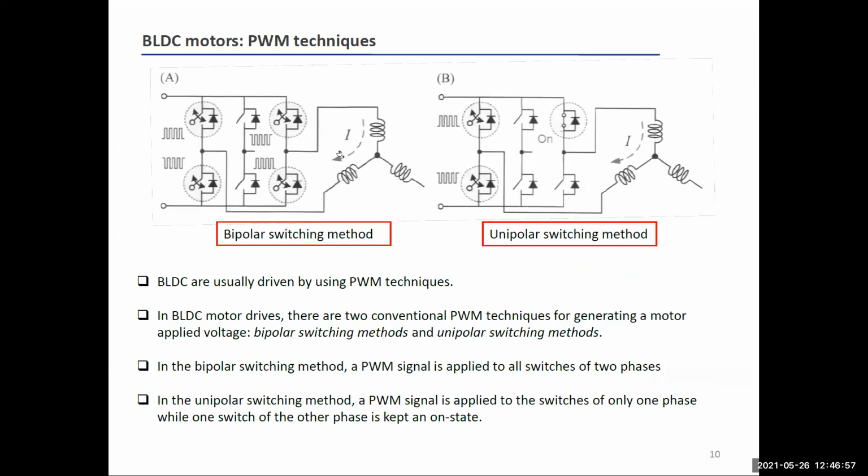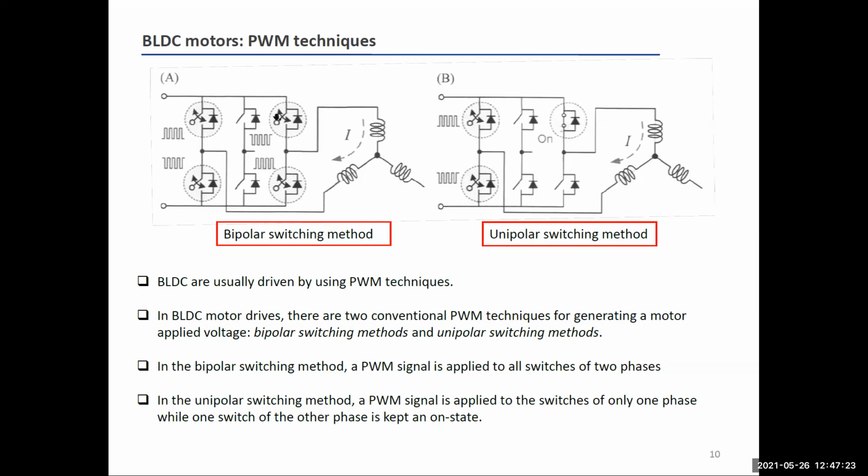Now move to the bipolar. We have this transistor here and this transistor here, T5 and T4, to be switched. In the pulse width modulation, these two switches are not closed for the entire interval of operating mode number 5. They are switched on and off according to our pulse width modulation patterns.